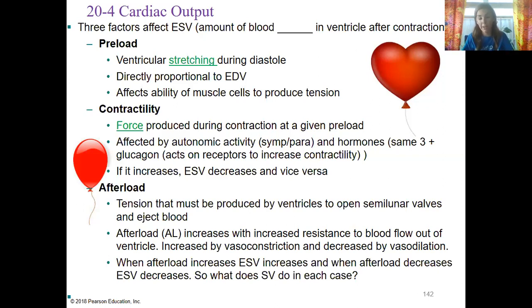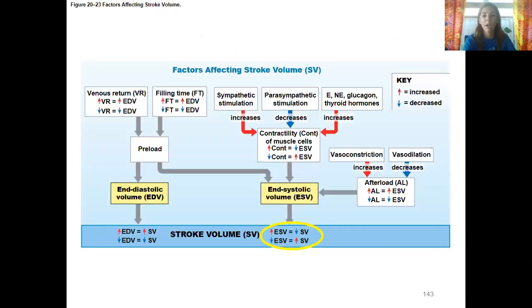So I know that's a lot. There are some charts on here that are going to maybe help you a little bit with, if we do this, then what happens? If we do that, then what happens? So I did put those charts on there for you. You can walk through whichever chart you like best. Here's one where you can see if you have a change in venous return or a change in filling time, whatever the situation is, you can look at the key to determine what this is ultimately going to do.